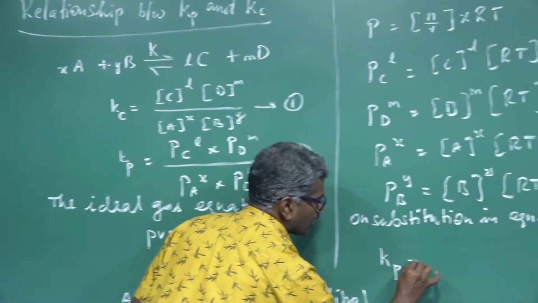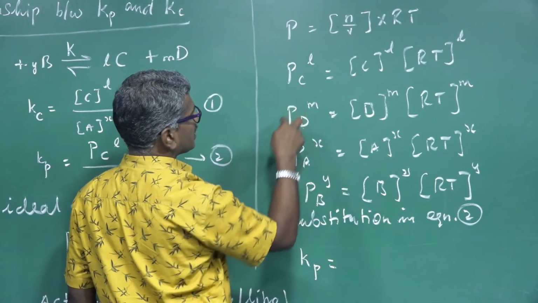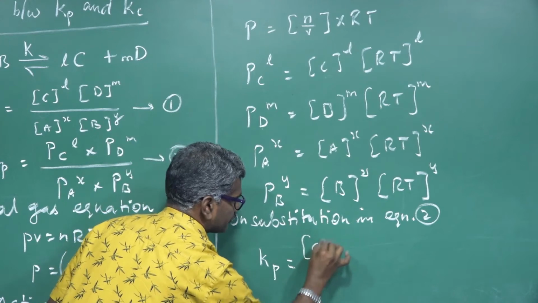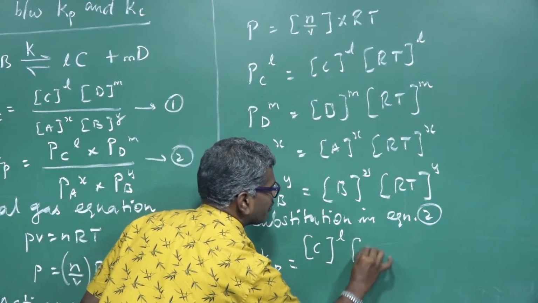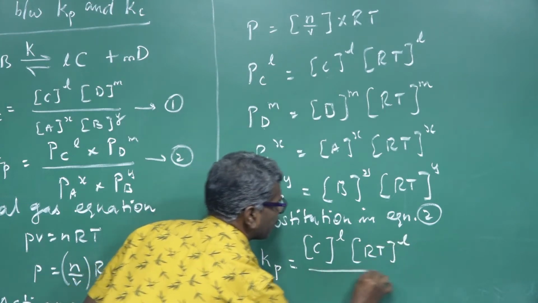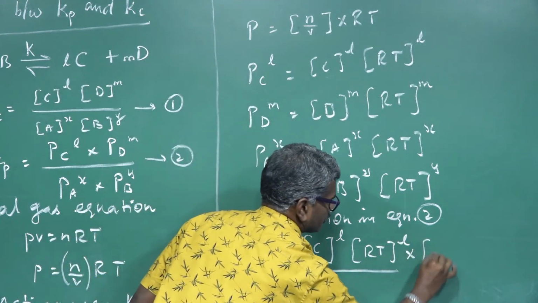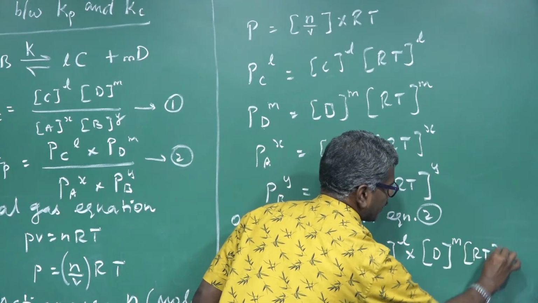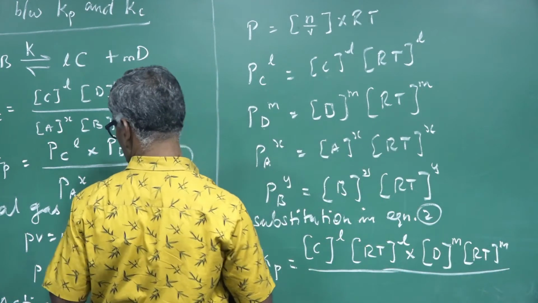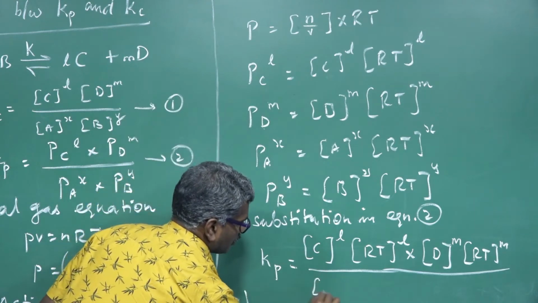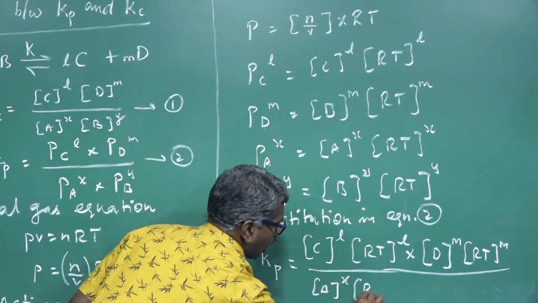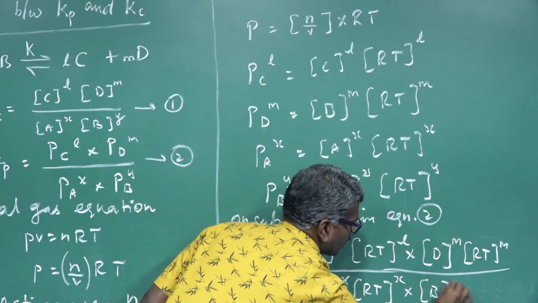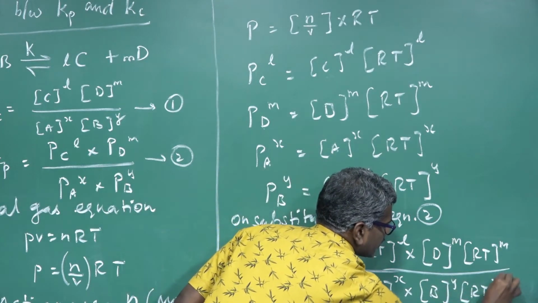So Kp equals the partial pressure of C, that is concentration of C into RT to the power l, concentration of D into RT to the power m, divided by concentration of A to the power x into RT to the power x, into concentration of B to the power y into RT to the power y.